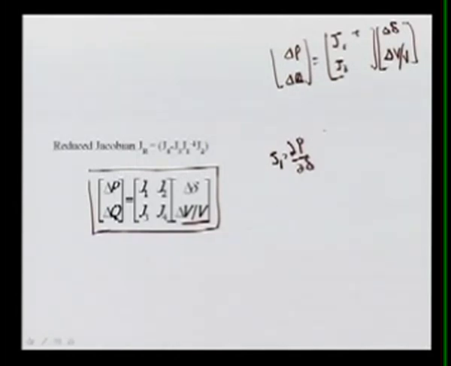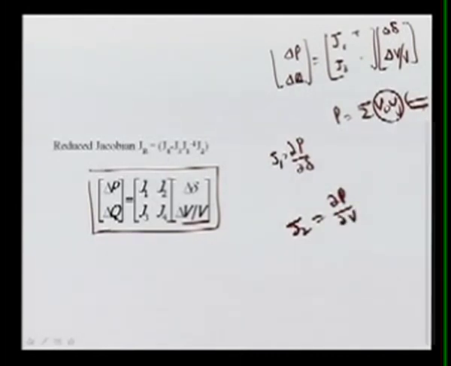P is a double summation of Vi Vj times a function of cosine and delta, so this is quadratic in voltage. Differentiating this equation with respect to delta, we still get the quadratic in voltage. But for J2, it is the change in P by V, meaning one V goes off. So we try to multiply by V to make it quadratic.